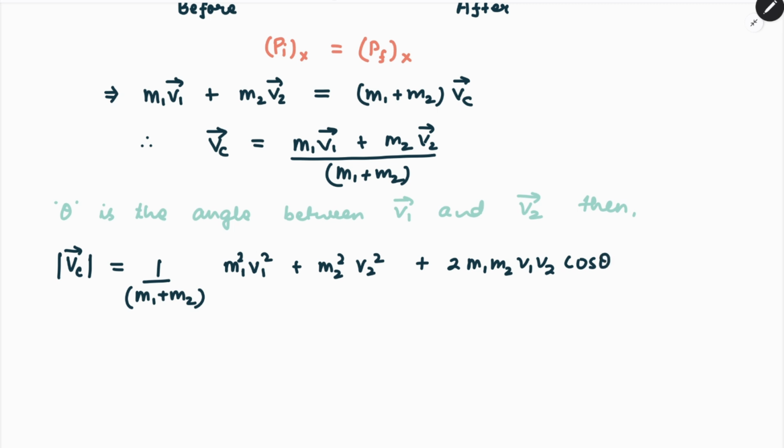Rather than doing a square root and squaring again, we are keeping it this way. This is the expression that we have for Vc, and we refer to it as the first equation for this problem.